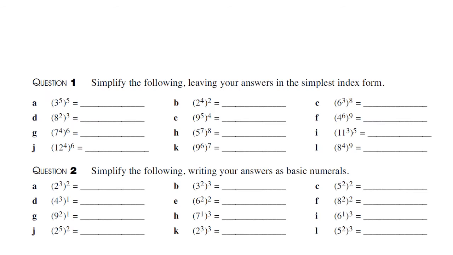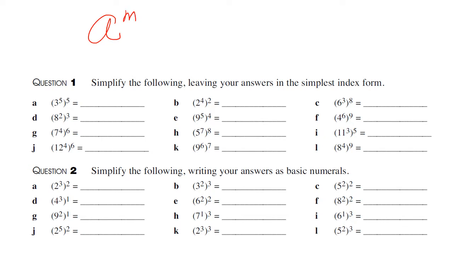Alright, let's look at these questions. So which index law are we going to use? Ever think about it? Well, we're obviously going to use the multiplication law or the third index law.